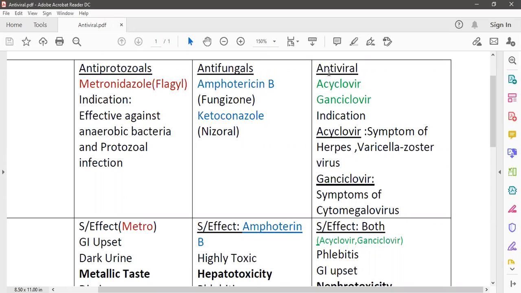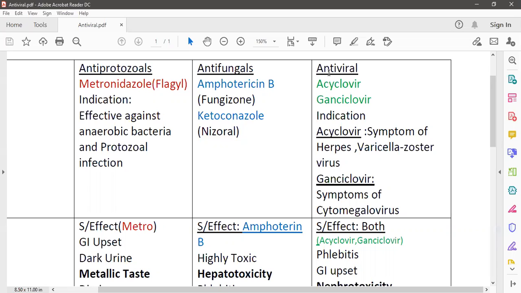Metronidazole, whose most popular name is Flagyl. We use it. Antiprotozoals are very effective against anaerobic bacteria or any kind of protozoal infection, right?